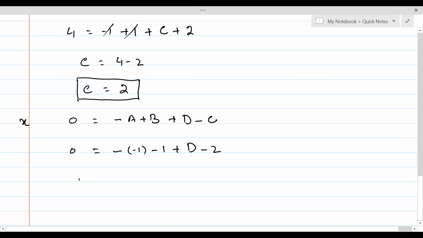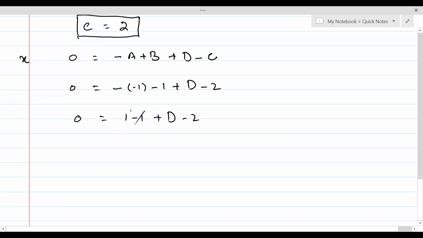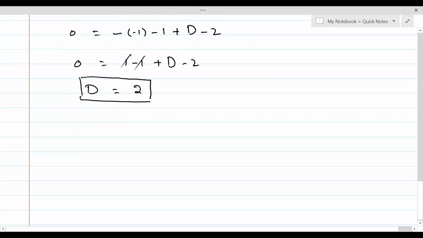So 0 is equal to 1 minus 1 plus D minus 2. Minus 1 cancels out with plus 1. This means D is equal to 2. So now we have all the values of the constants A, B, C, D, and E.